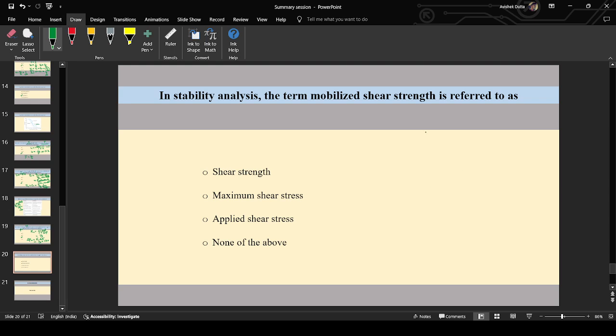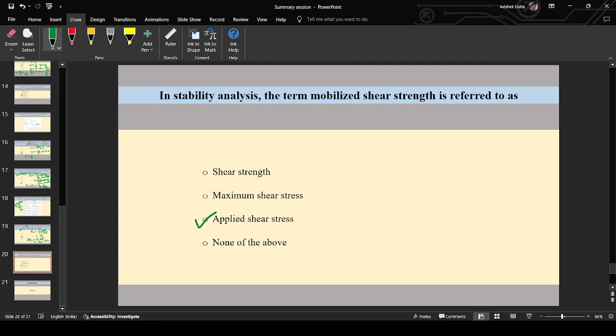In stability analysis, the term mobilized shear strength is referred to as? The options are shear strength, maximum shear stress, applied shear stress, or none of the above. The answer is applied shear stress. Why?